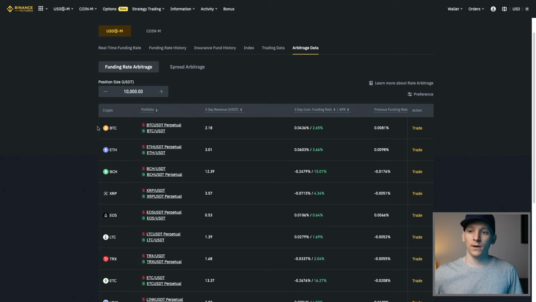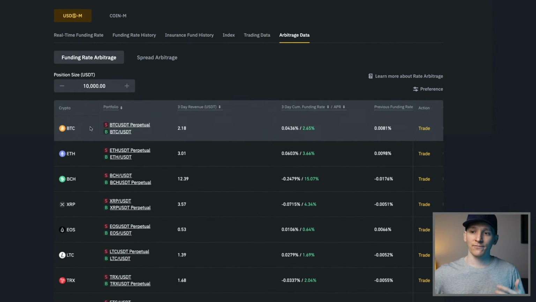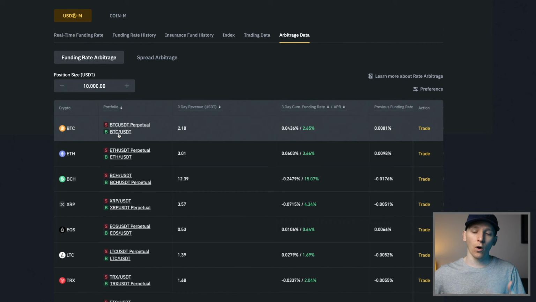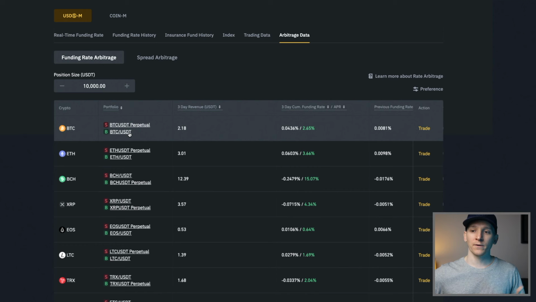So for Bitcoin, what you can see right here is that there is indeed at the moment a funding rate arbitrage, and it tells you the portfolio that it would make up here. You buy Bitcoin US dollar tether, so you go long in the spot market, and we're doing a position size of 10,000 here just as a way of seeing this. So you go long in the spot market, Bitcoin US dollar tether, and you go short in the perpetual market.